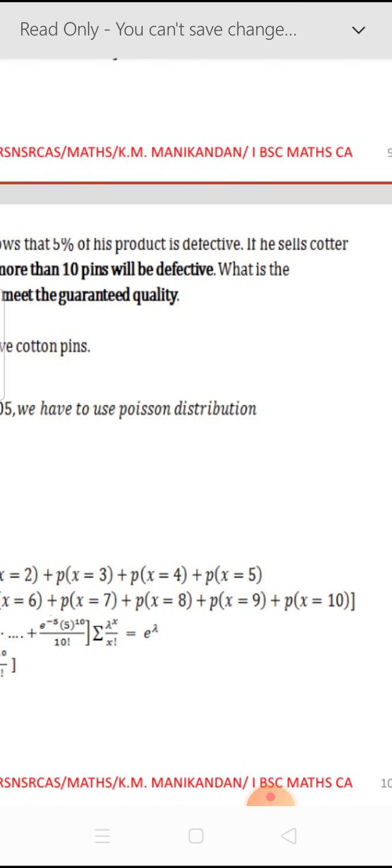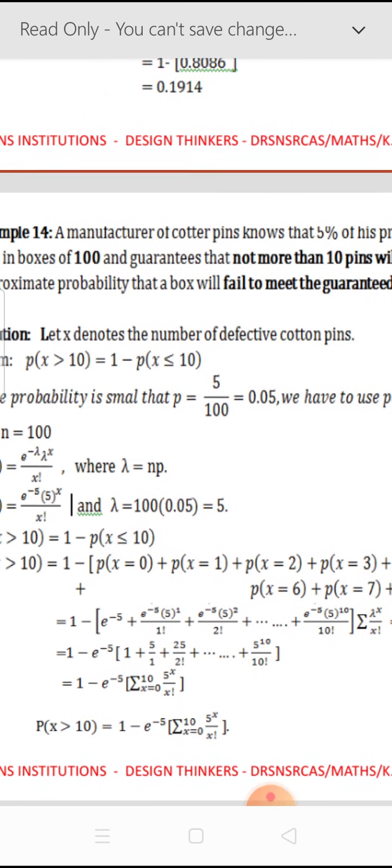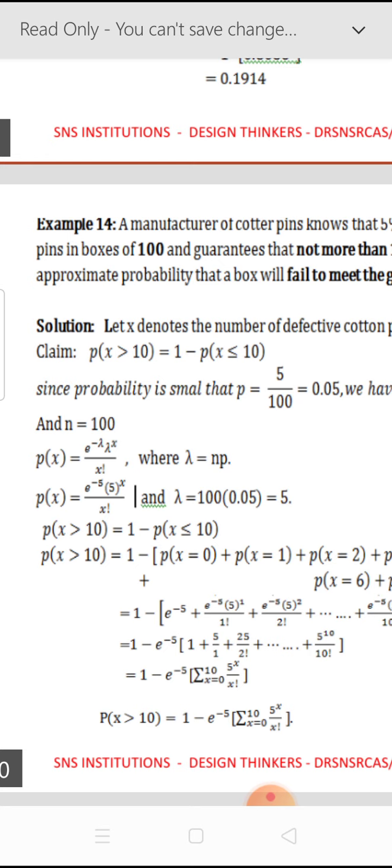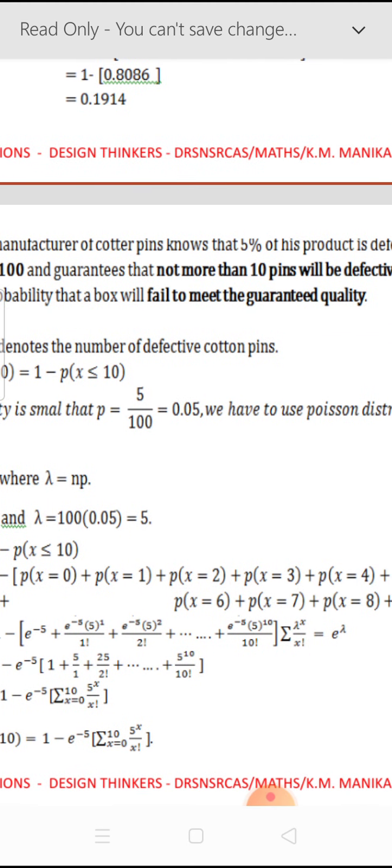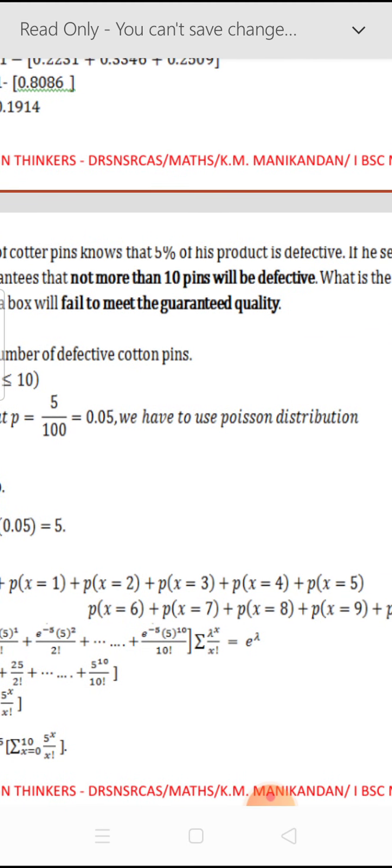And if he sells cotter pins in boxes of 100, so in one box there will be a maximum of 100 cotter pins. So n equal to 100. And he guarantees that not more than 10 pins will be defective in a box. So the number of defective pins will be at most 10.